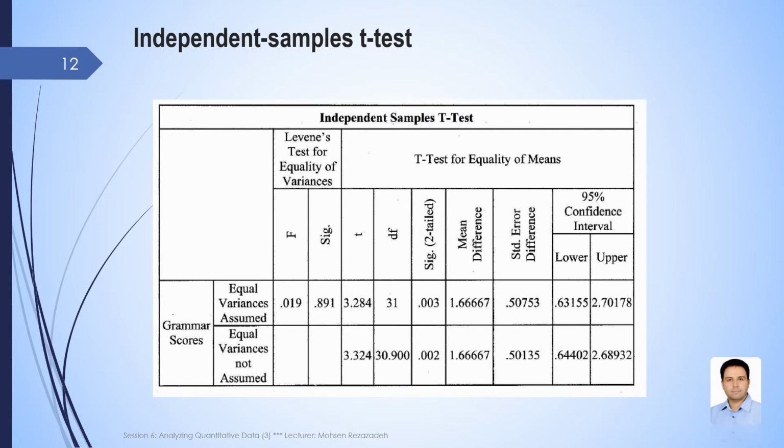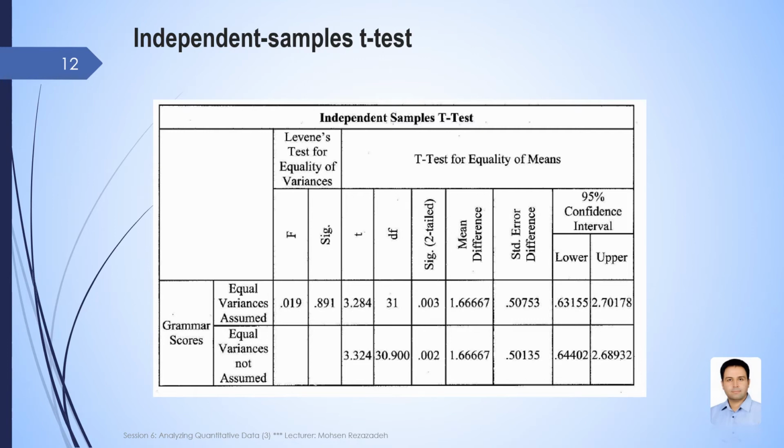Note that this was one of our conditions to be met for using a parametric test like t-test, and we said that before. If this test shows significant results, that is, the value mentioned here is below 0.05, then equality of variances cannot be assumed, and we should use the results reported in the bottom row of the table.